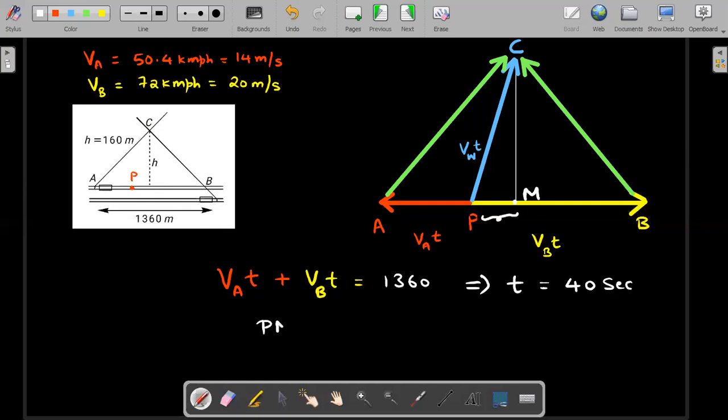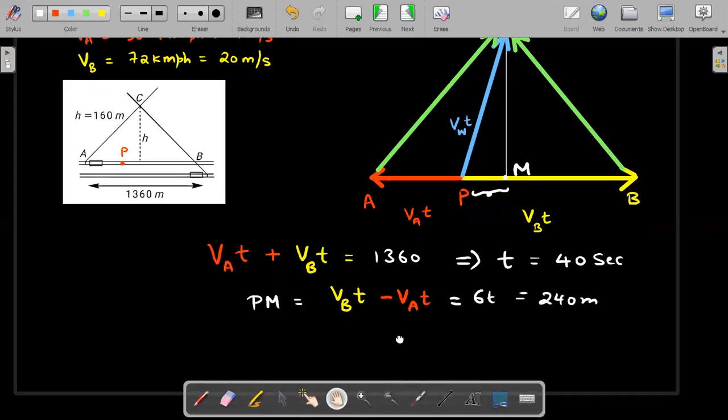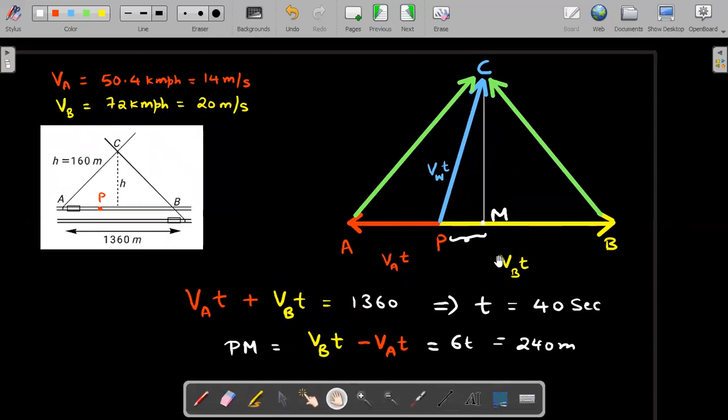The value of PM would be simply equal to VBT minus VAT, and that would be equal to the subtraction, which is 60, right? Because it would be 20t minus 14t, 60, and the value of 60 with 40 seconds is given as 240 meters.